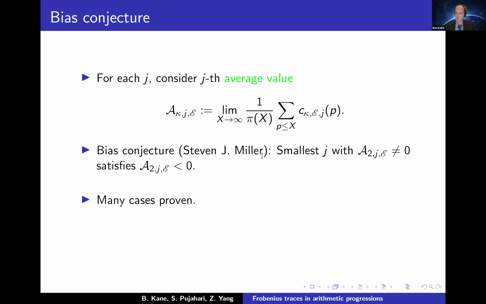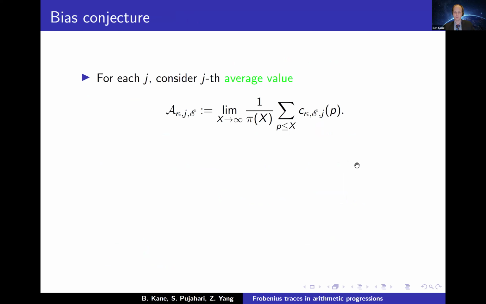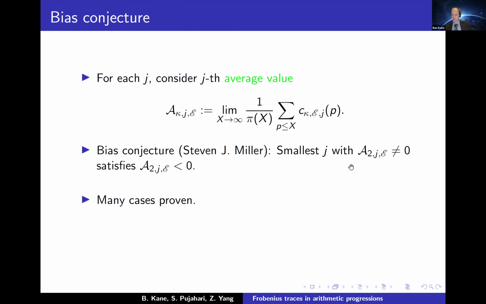And a number of cases have been proven. There are no known counterexamples, although there's some suspicion now that maybe the conjecture is only true when the original elliptic curve, the one parameter family, has low rank. In high rank, they're starting to suspect that it's actually false. But all of the cases they've looked at were of low rank, of course, because it's very hard to construct a high rank one parameter family of elliptic curves.